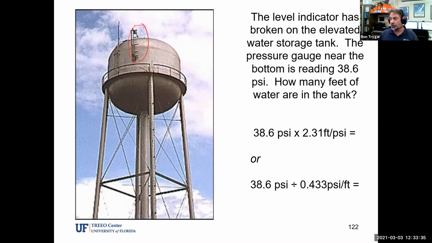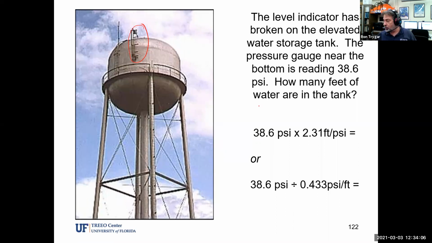So we have this older photo here with an old water tank showing the old empty and full gauge on the side. So we're trying to figure out now, based off of the pounds per square inch gauge reading, what the feet of elevation are based on that. So now we're going to use the 2.31 feet per PSI as a multiplication factor, or we can use the 0.433 in the function of a division.